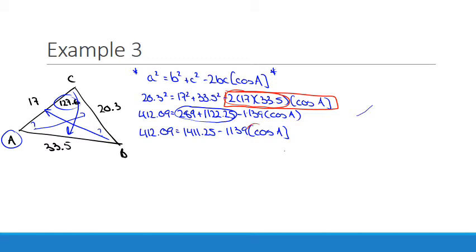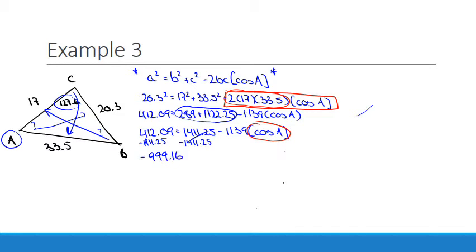I want to get this thing by itself, so I have to move things to the opposite side. You first of all move what is not attached, and you move it to the opposite side by performing the opposite operation. So I subtract this 1,411.25 from here. That's gone now. What did I get for a value there? I got negative 999.16.